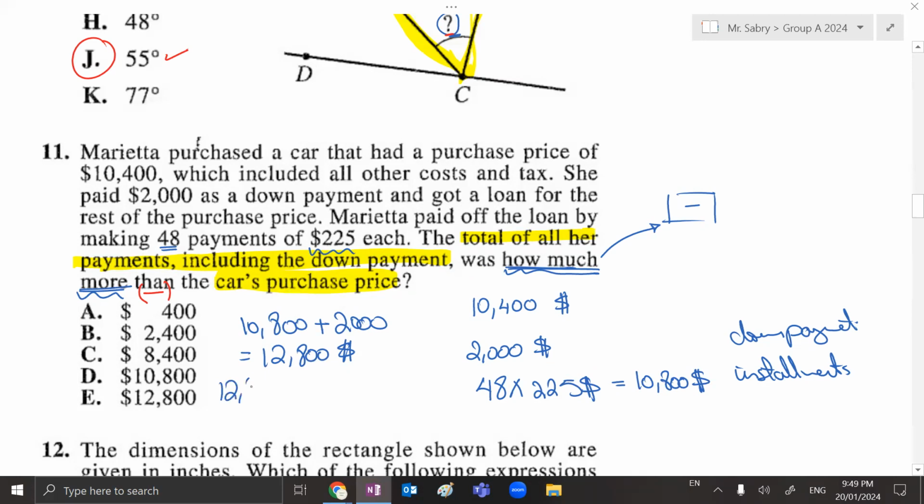I should take this number and subtract the car purchase price, which is 10,400. You subtract those from each other and you get a difference of 2,400. That's B. That's how much more she paid using the installments or the loan rather than paying the purchase price. Any questions here?